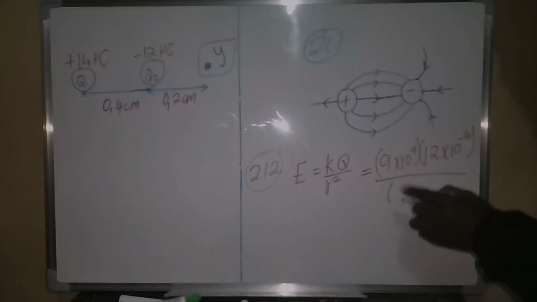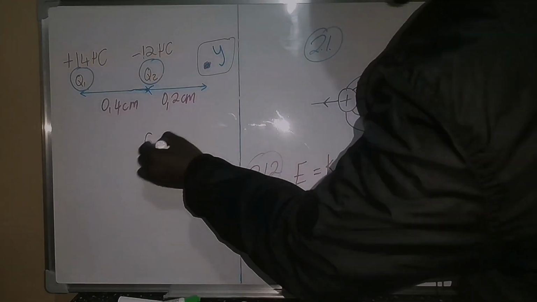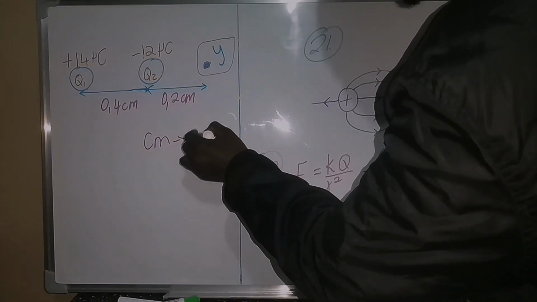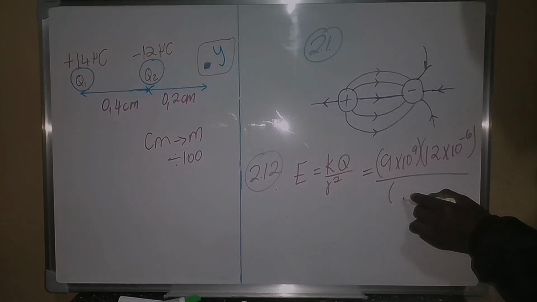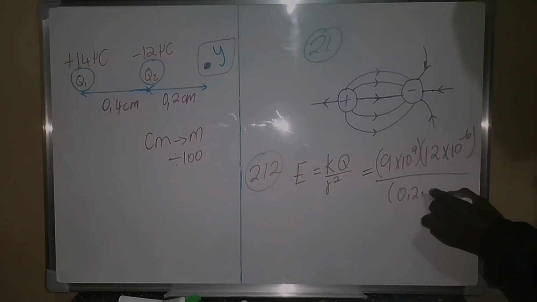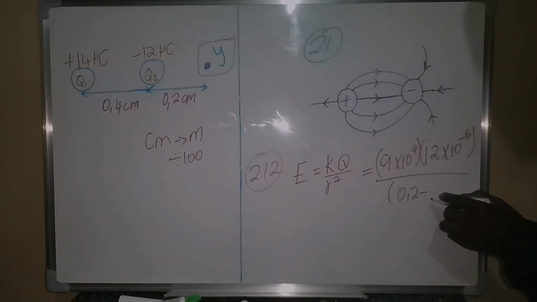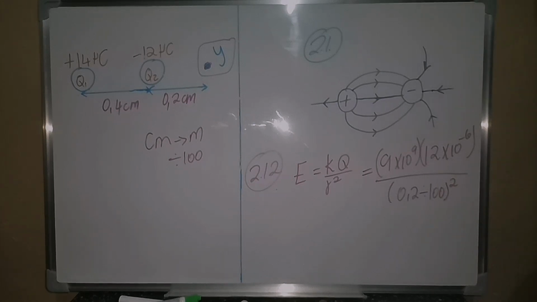Remember, from centimeter to meter, you divide by 100. So 0.2 divided by 100, squared. Remember this squared, the distance squared.